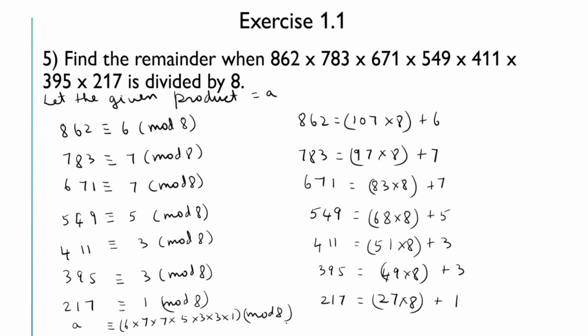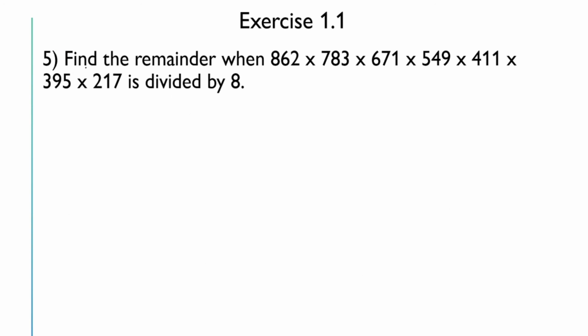Instead of multiplying all these 3-digit numbers, it is easy for us to multiply these numbers. So we have the given product A congruent to, when we multiply all those, we get 13,230 mod 8.